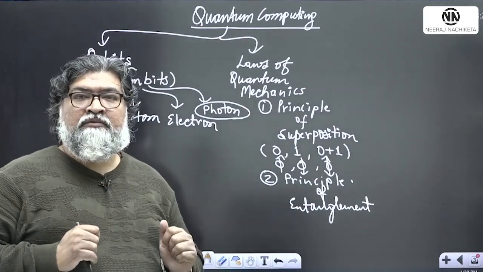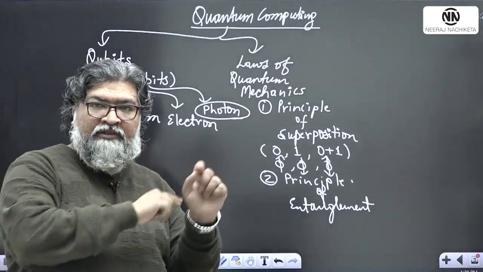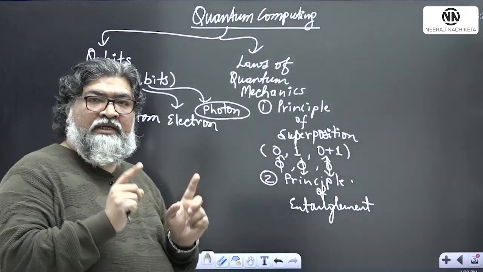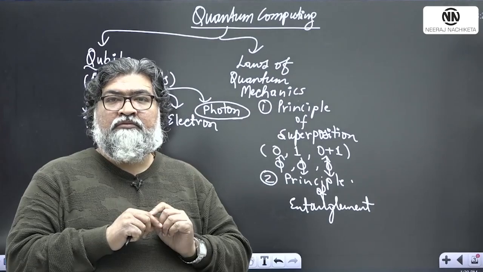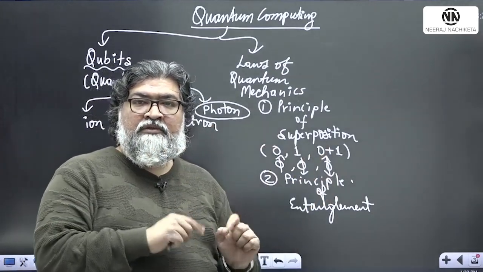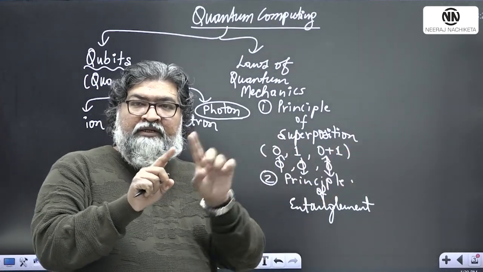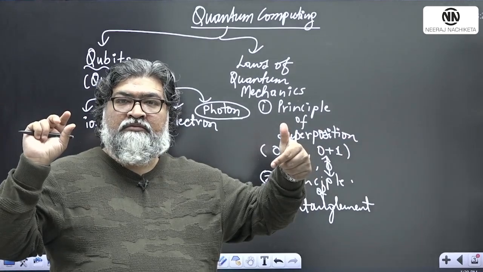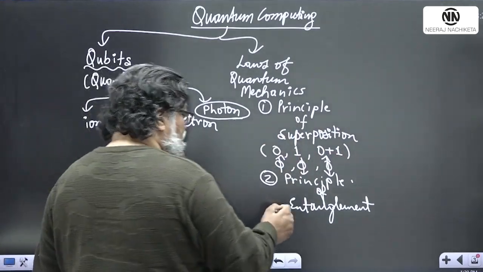Pairing, where qubits are paired. They are combined with each other. If one changes, the other will also change. So that is a kind of encoding, where quantum bits of information, qubits, are paired and connected to each other. If one changes, the other will also change. That is called entanglement.